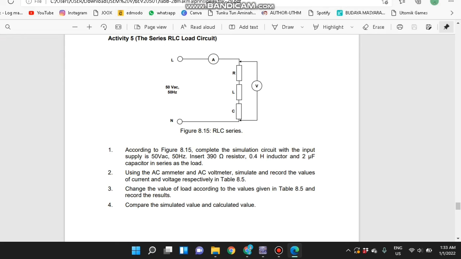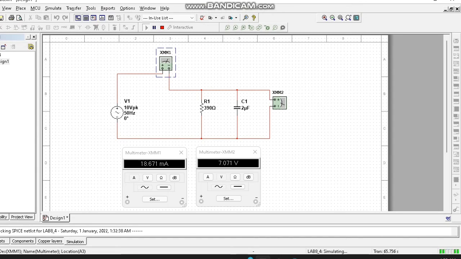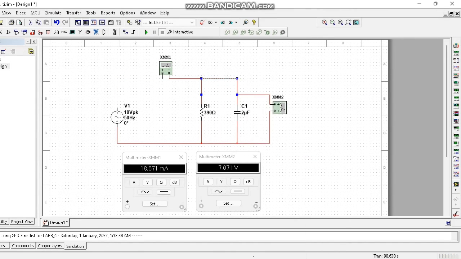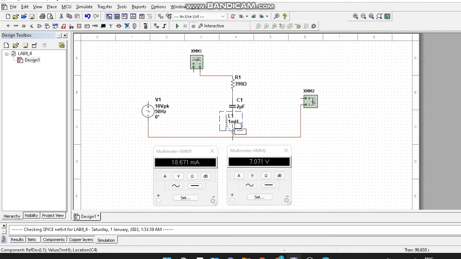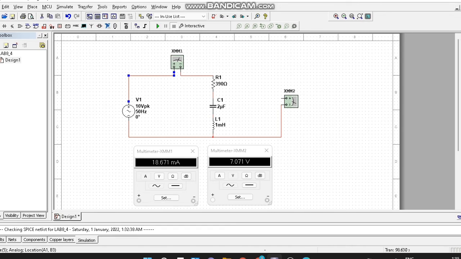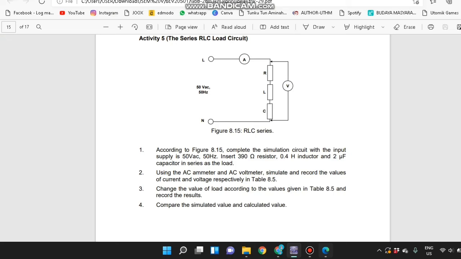Okay, next is activity 5, the series RLC load circuit. We use the same circuit, we just change the values.